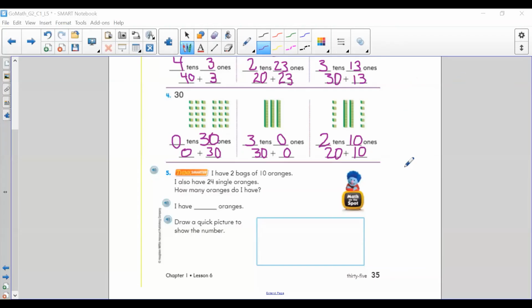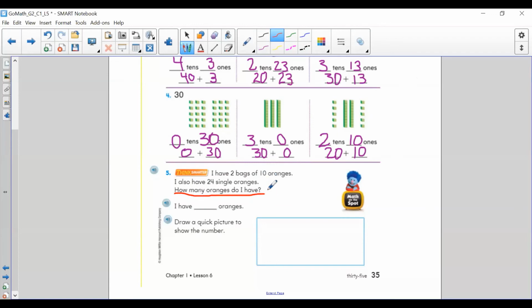So now let's see if we can do what Professor Rena and Joey did. I'm going to grab a little orange pencil. Okay, so we have the same problem. I have 2 bags of 10 oranges. I also have 24 single oranges, and I don't know why those are not in bags. But the question is, how many oranges do I have?